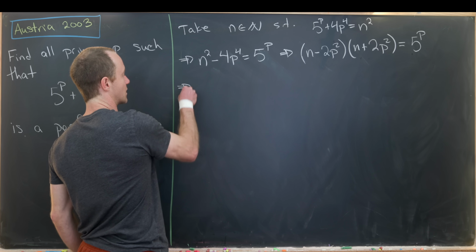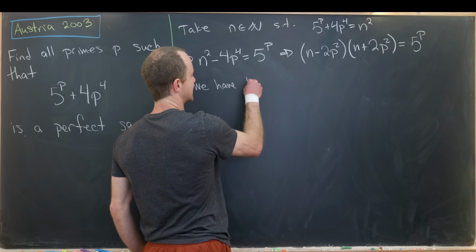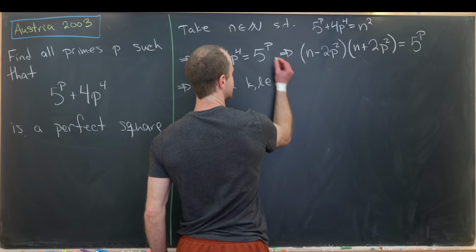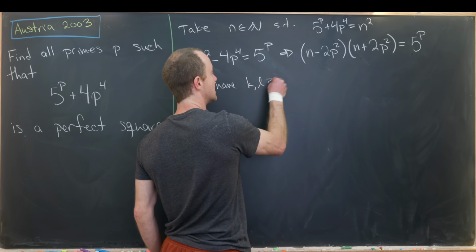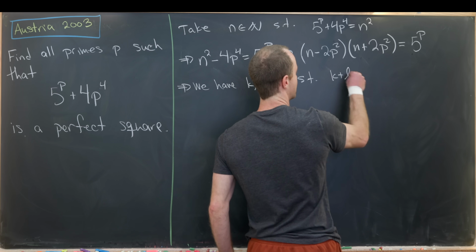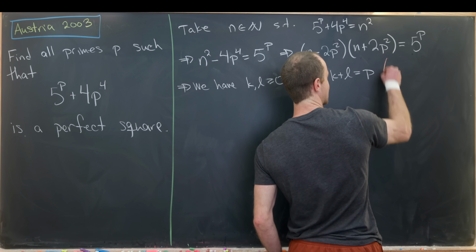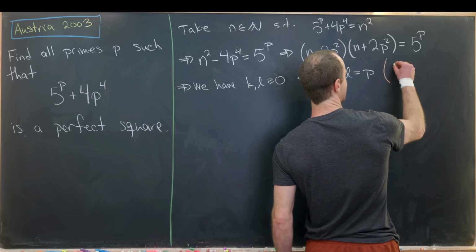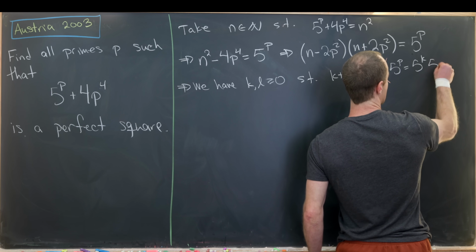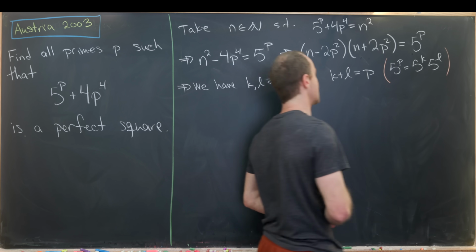So in other words, we have, I'll call these numbers k and l, which are non-negative integers, such that k + l = p. And you might say, well, where did that come from? That came from the fact that we're trying to write 5^p as 5^k times 5^l, and then we're using exponent rules to combine that together.